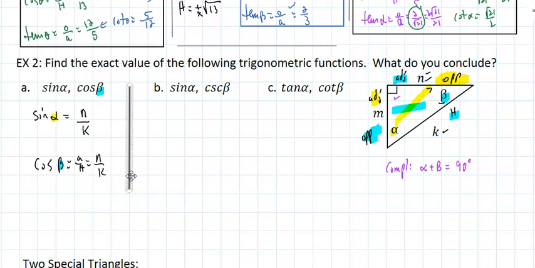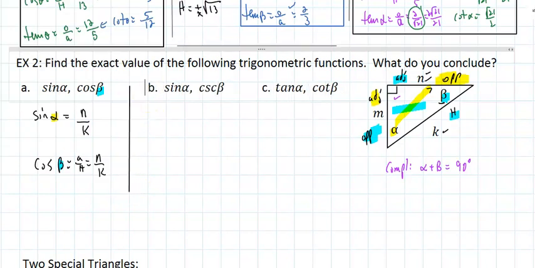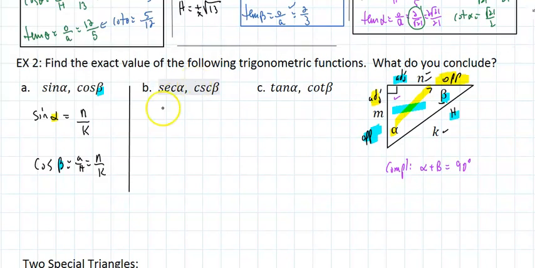Alright, before I make my conclusion, let me do the next problem. Oh, that should have been secant, my mistake. Sorry. If I take the secant of alpha, alpha is right there. Secant of alpha is the hypotenuse over the adjacent.